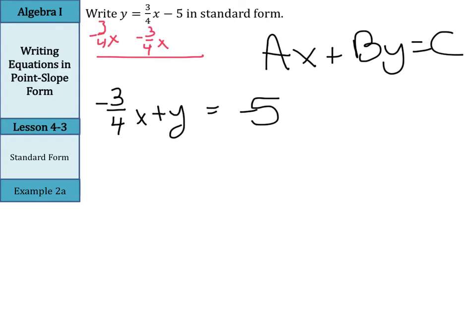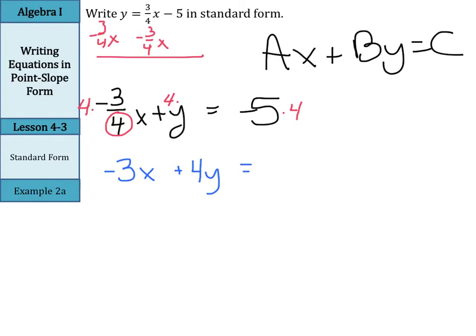So, what we're going to do is multiply every single term by the denominator, which is 4. And let's see what happens when we do that. Four times negative 3/4, that's negative 3x. 4 times y is 4y.